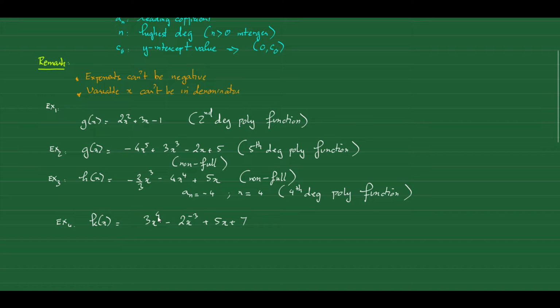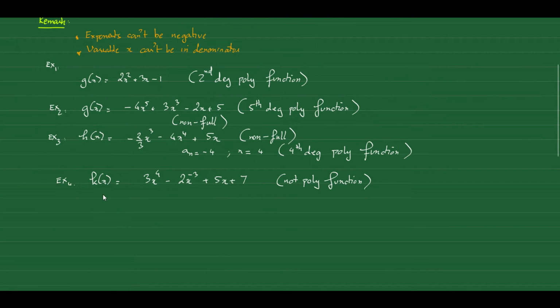Because this exponent is negative, this is not a polynomial function. Even though the leading coefficient is 3 and all the coefficients are fine, the coefficient is not a big deal. You look at the exponent in order to determine if this function is a polynomial function.